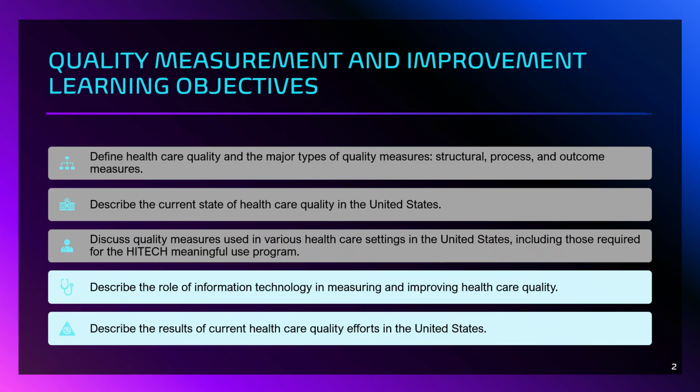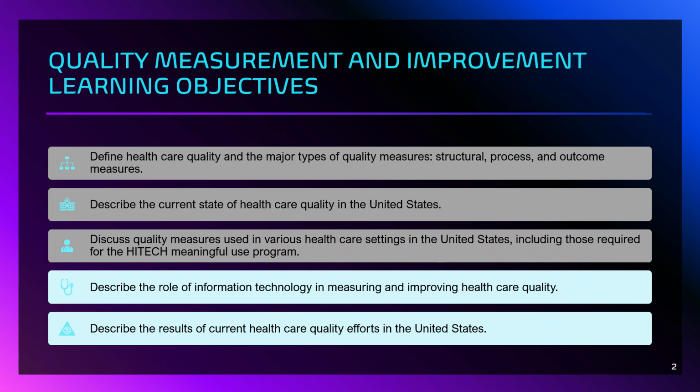And objective number five, describe the results of current healthcare quality efforts in the United States. So, national efforts such as pay for performance programs, public reporting of quality metrics, and safety initiatives have shown measurable improvements in patient outcomes.